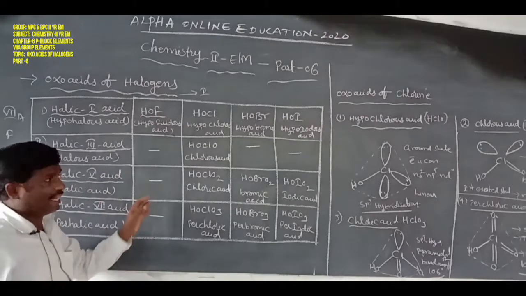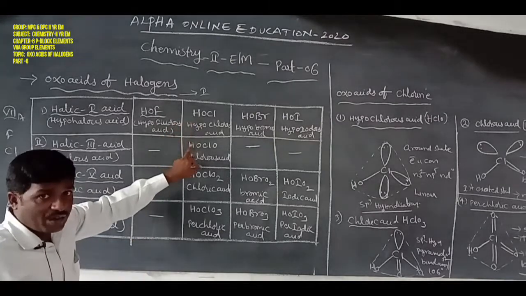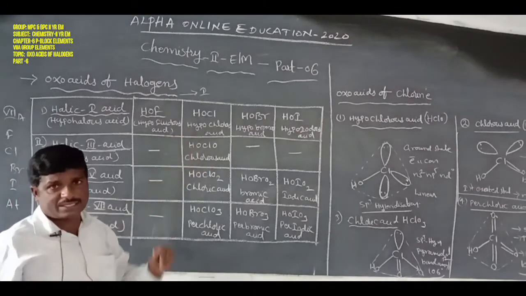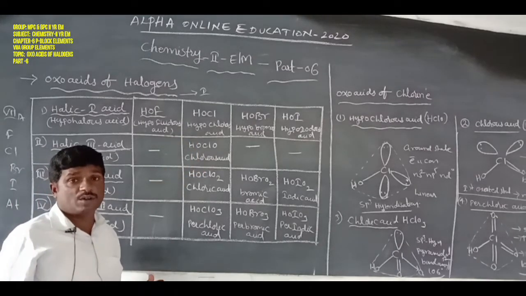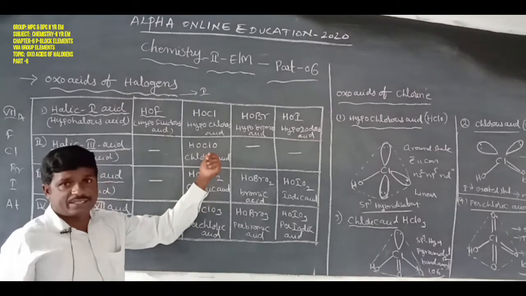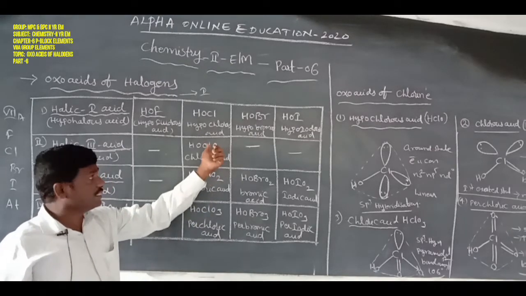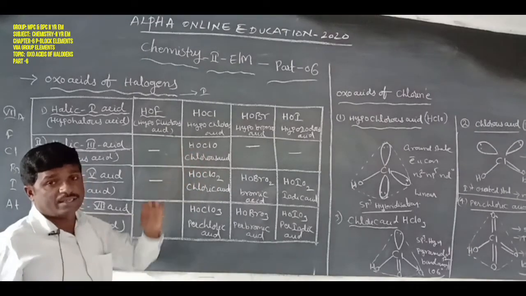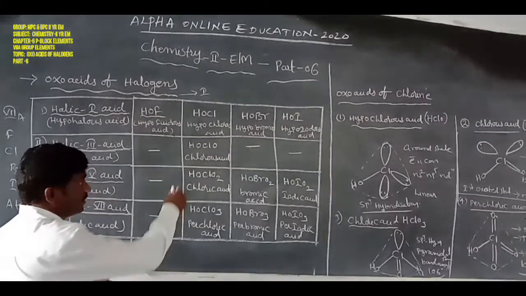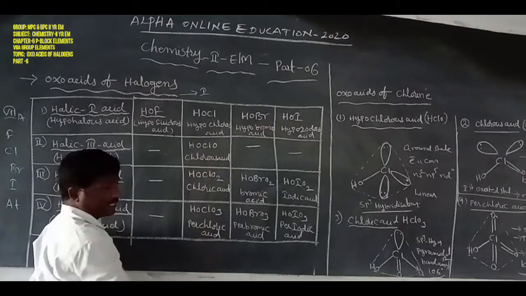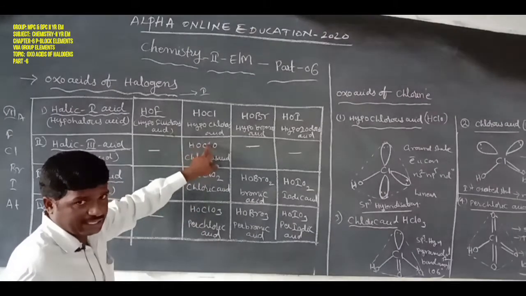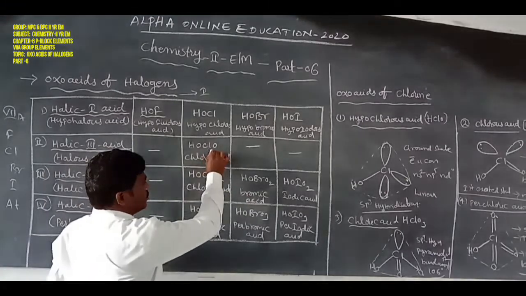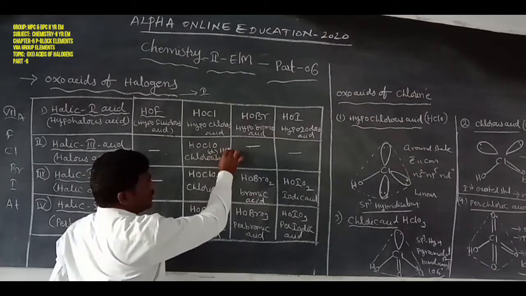Next, chlorine forms halic 3 acid because of its larger atomic size and higher electron affinity. Chlorine has the highest electron affinity in the modern periodic table. That acid is chlorous acid, with the formula HOClO or HClO2.